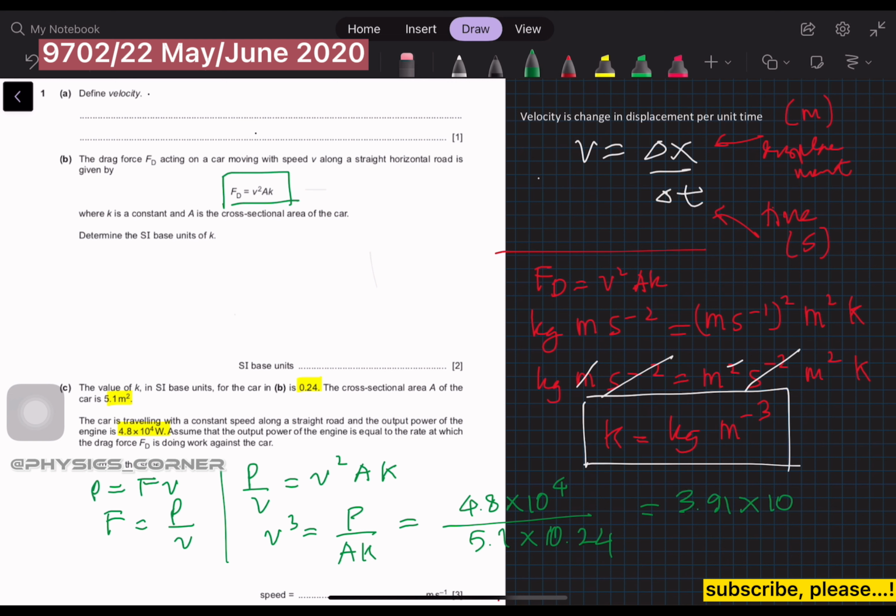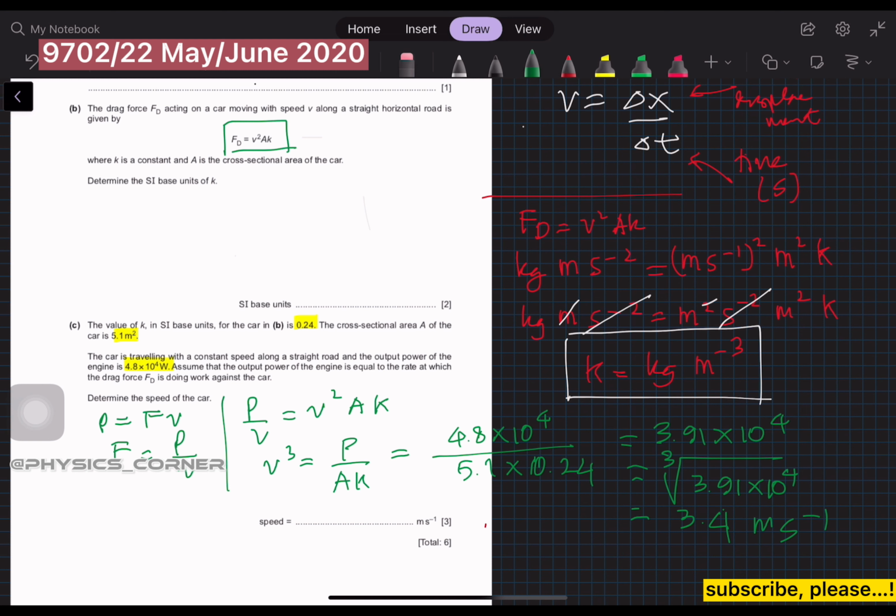This is about 33.9, or 34, meter second to the power minus 1. That's it.